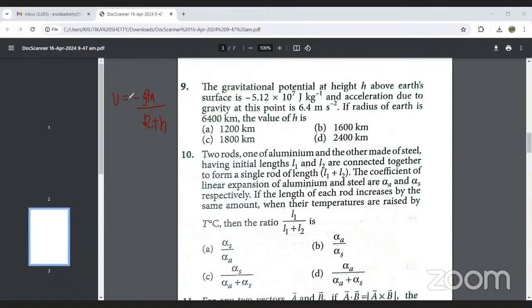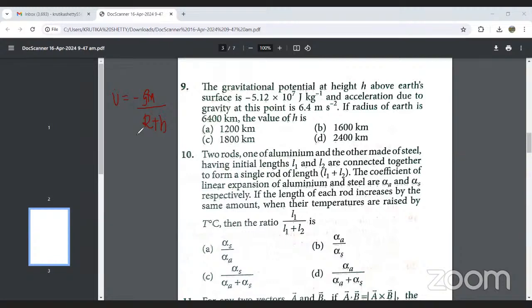So this U value is given. The acceleration due to gravity at this point is 6.4 meters per second square. So G value is given. If the radius of the Earth R is 6400 kilometers, then what is the value of H?